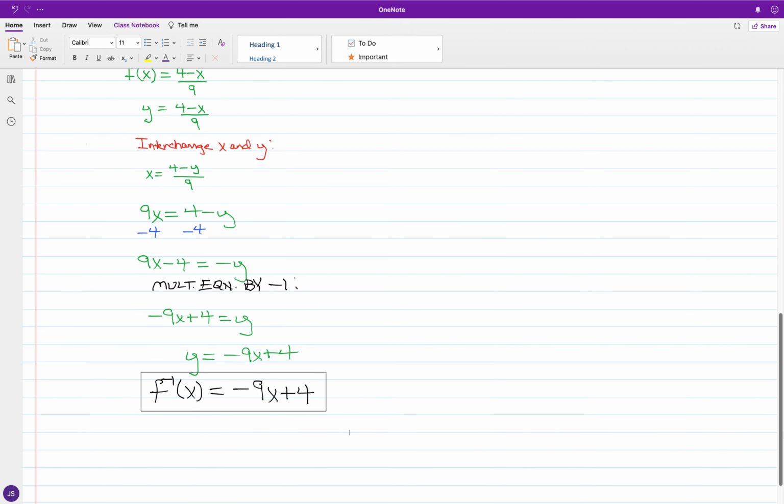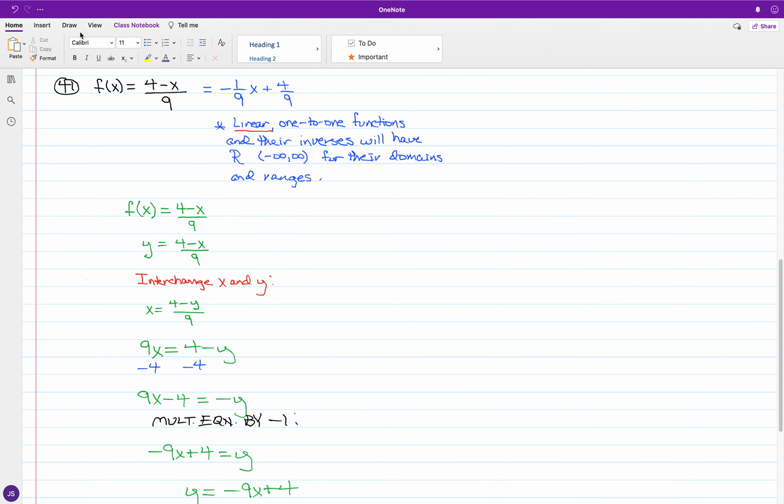And again, the domains and ranges will be all real numbers throughout.